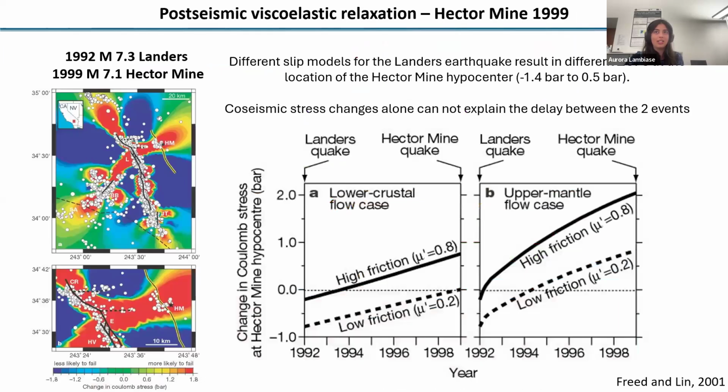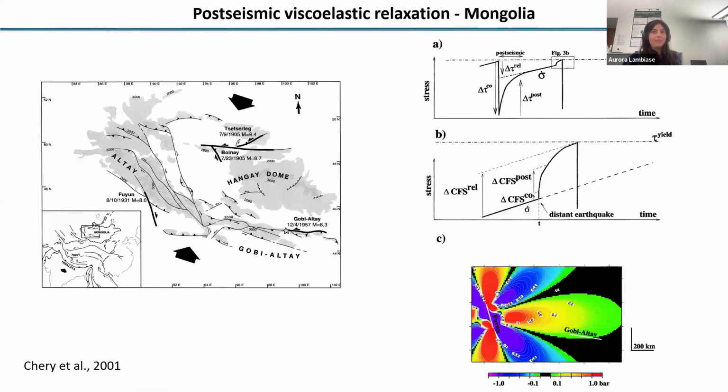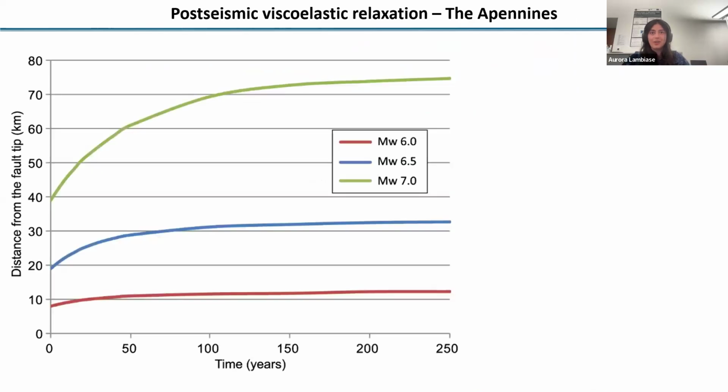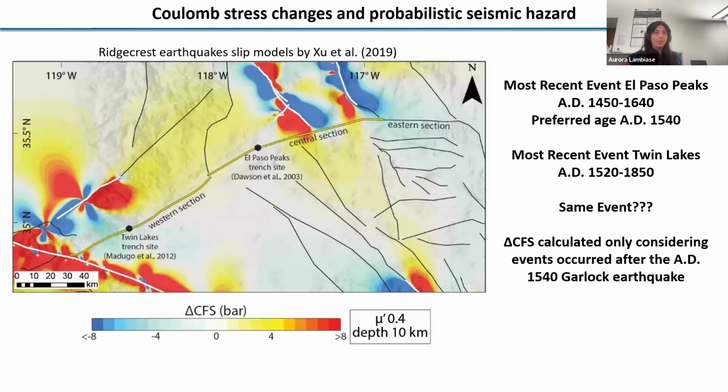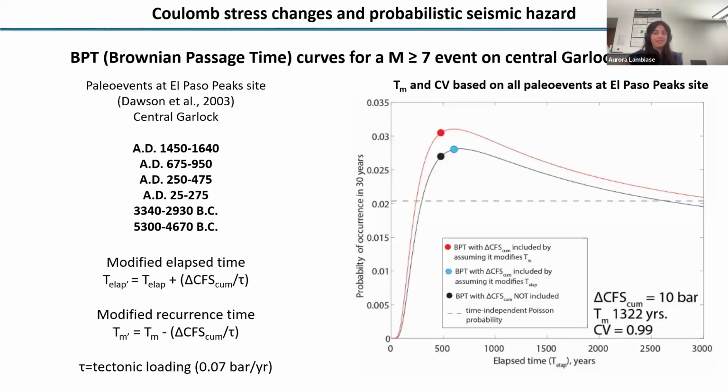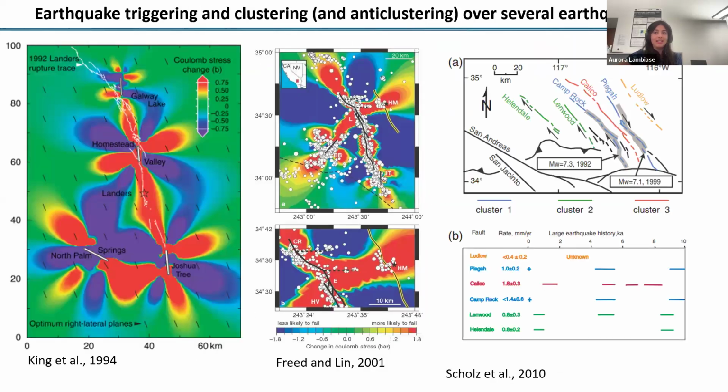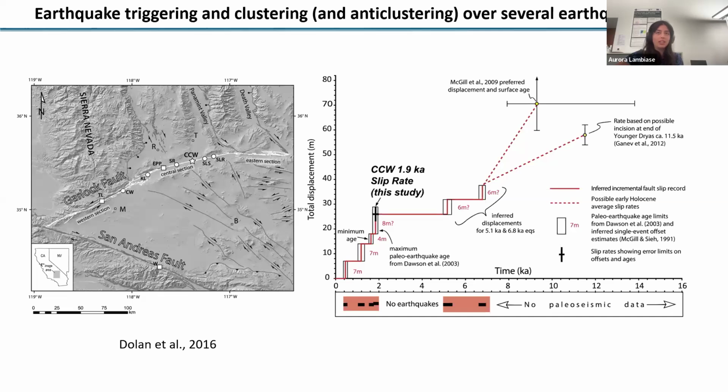So my question is, are all these colorful maps and physics-based models really useful, especially when we want to integrate all this into hazard models? Like, is it really the right tool to handle our ignorance regarding the stress state of faults?